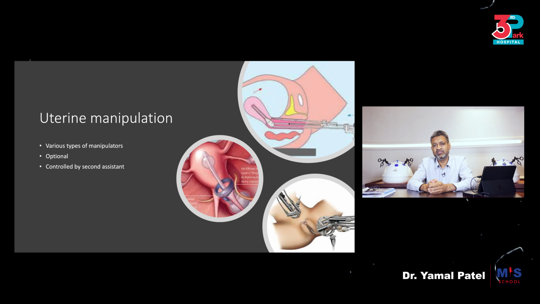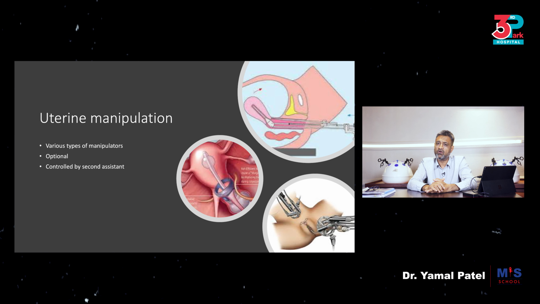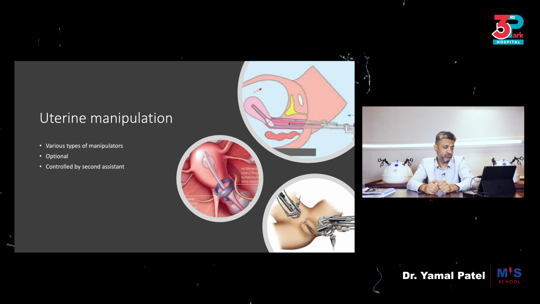But you can either manipulate from below with an assistant from below as a second assistant, or you could have manipulation from above where the uterus is lifted up by either a myoma spiral or a tenaculum for that matter, and pull the ureter away from the uterus.